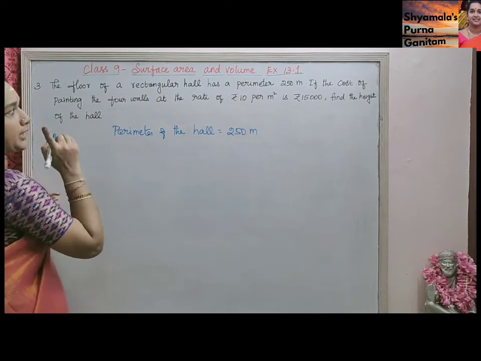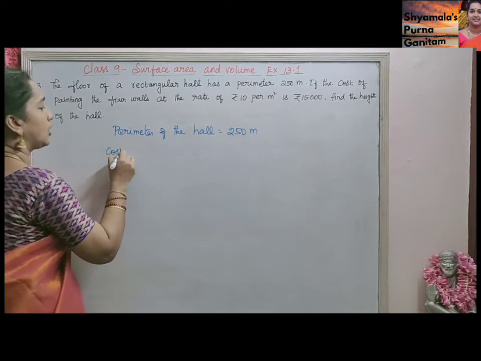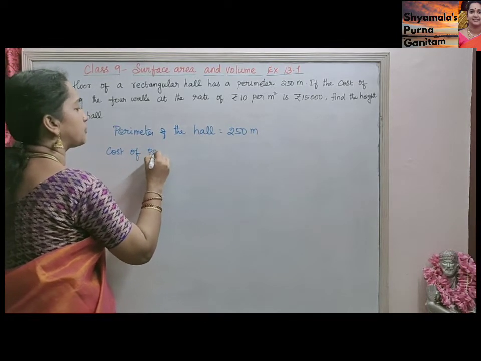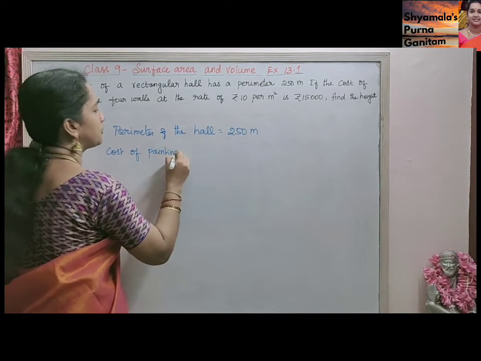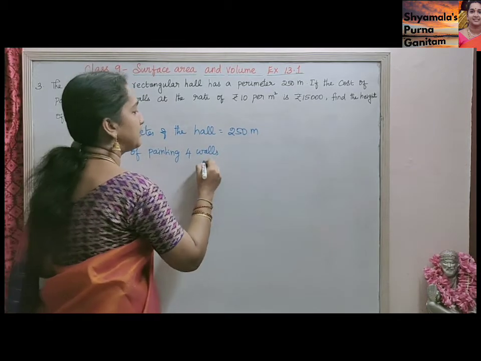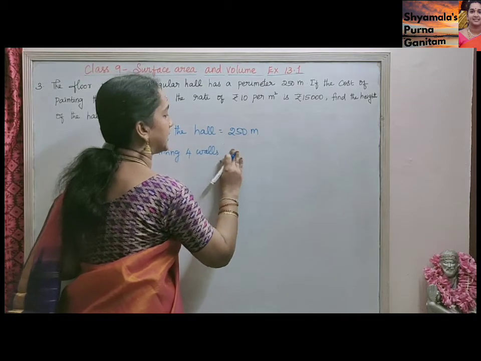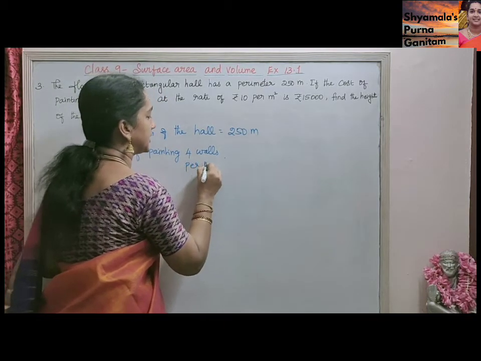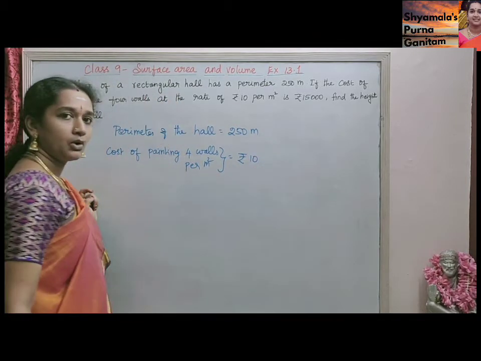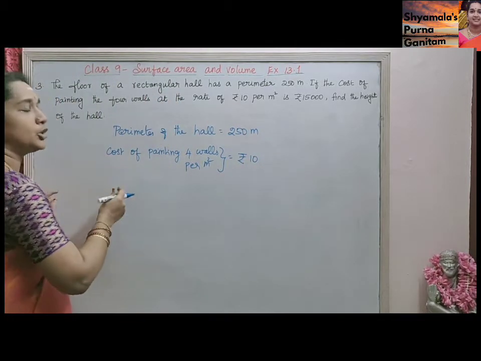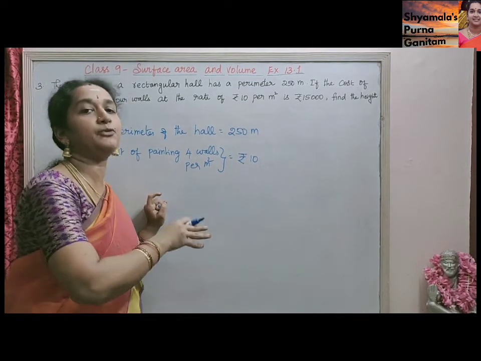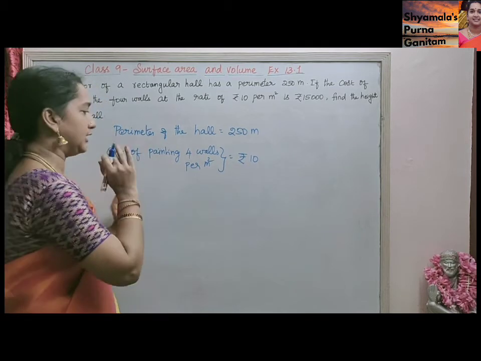Cost of painting, not whitewashing, cost of painting 4 walls per meter squared is given as rupees 10. So we don't know how much area they have painted, total area we don't know. But the cost for painting, that is given as 15,000.